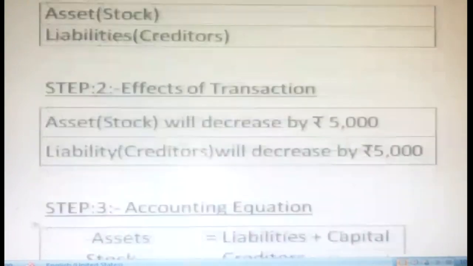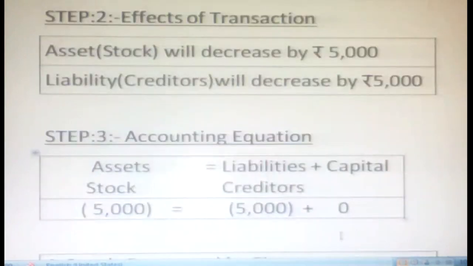Then show the accounting equation. As assets, stock will reduce by 5,000, that's why it is shown within the bracket. Similarly, liabilities under creditors also shown within the bracket, 5,000. Here also 0, here also 0. So the accounting equation is equal. That's this transaction.